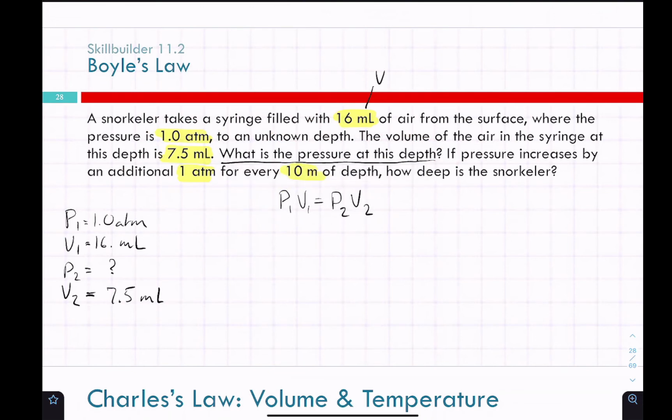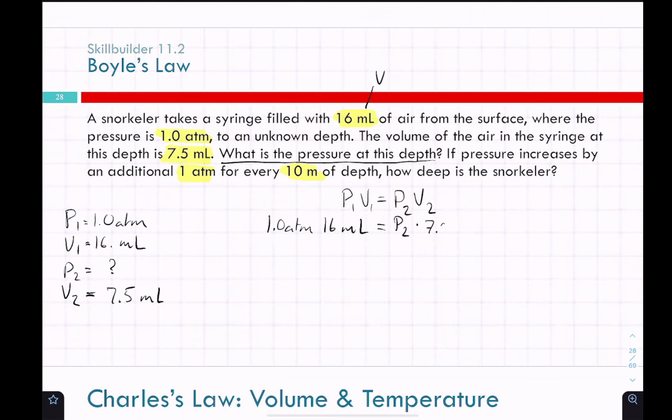So if we take these and say, okay, 1 atmosphere to start, 16 milliliters, then the pressure is what we're looking for, times 7.5 milliliters. And again, for these simple gas laws, the volume units just have to be the same.